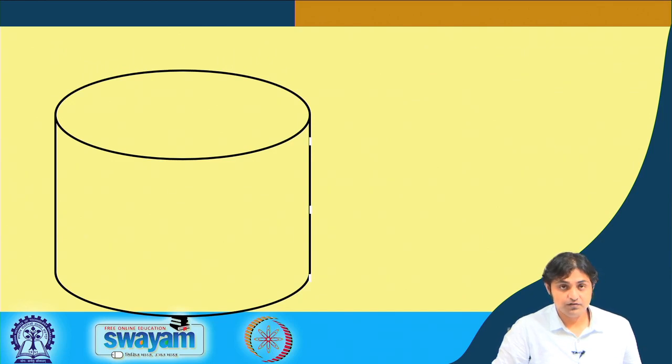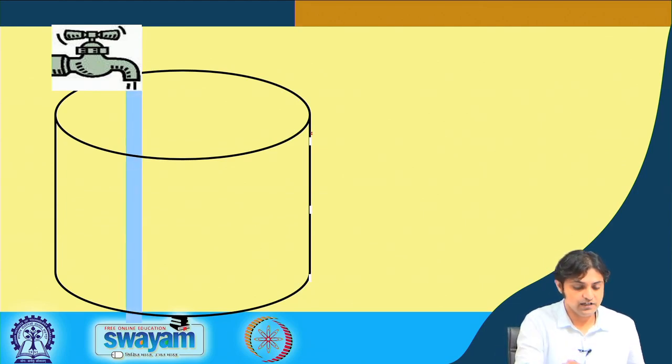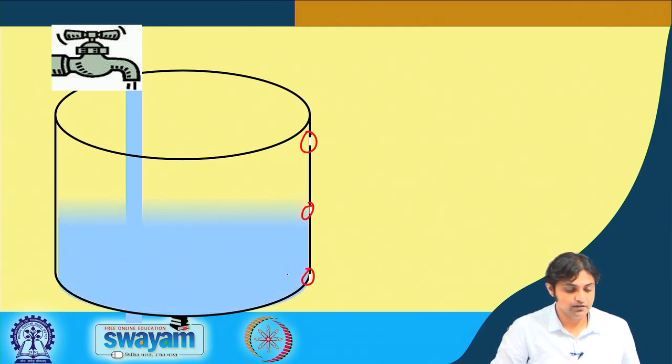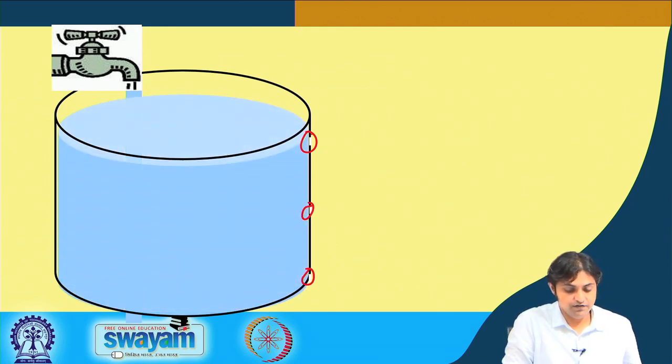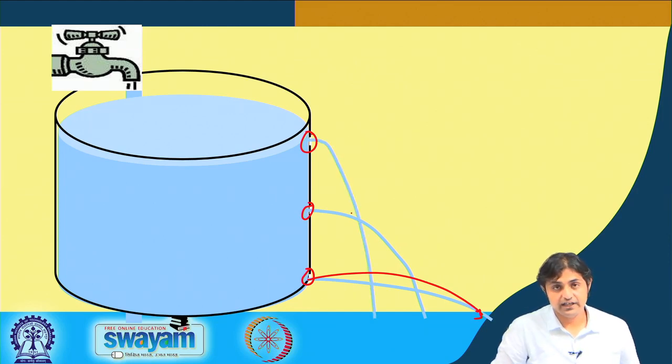This is one of the animated examples which every one of you must have encountered in real life. There is a tap and this is a tank with some holes in it, or some stopper valves. The valves are here, here and here. So we start filling the water. Let's suppose water gets filled. If we open this valve, you see the water trajectory is going to be something like this. Similarly, the one above it will have a trajectory like this. The third one will have a trajectory like this.